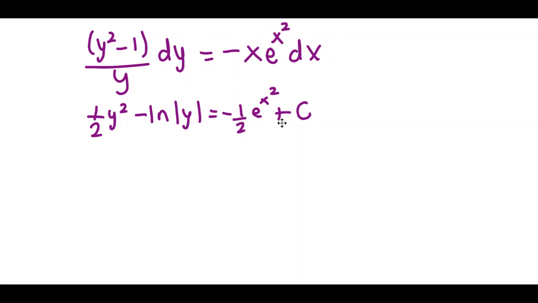I'm going to go ahead and get rid of the fraction now. I'm just going to multiply everything by 2. Two times c is just going to give me c still.